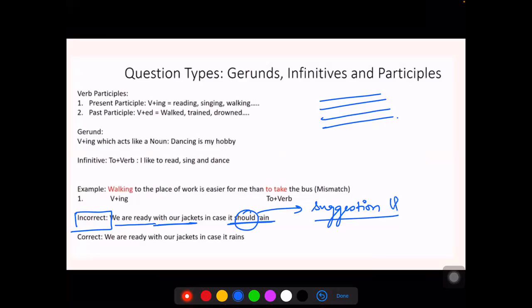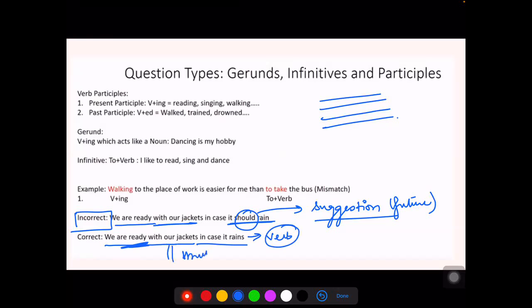Should is for future, no doubt, but it is not making any sense because we're not talking about suggestions. So in that case, it should be, we are ready with our jackets in case it rains. In case it rains means we are using a verb form, because here also we are using a verb form. All right, it should be a parallel structure. This is a very common example, right?